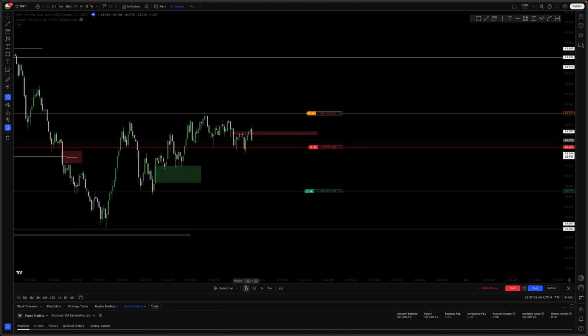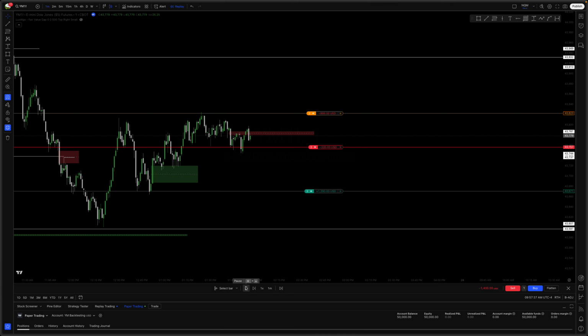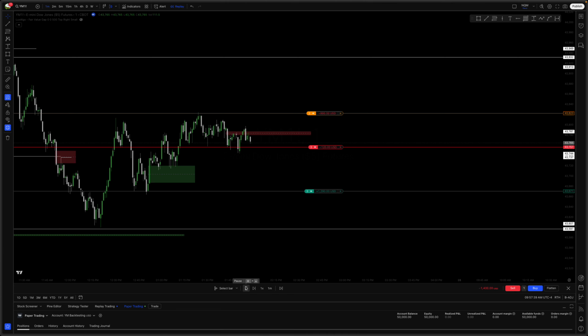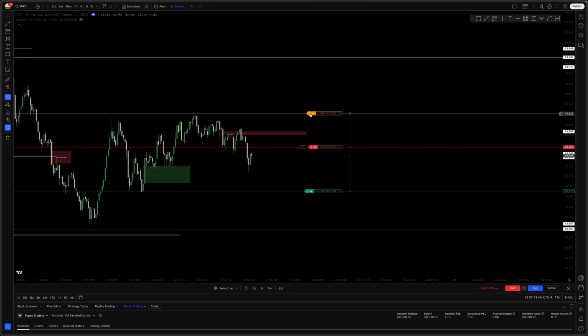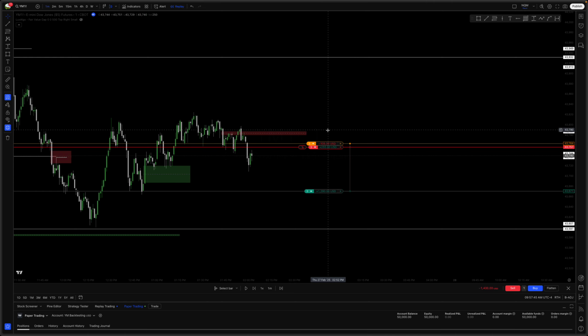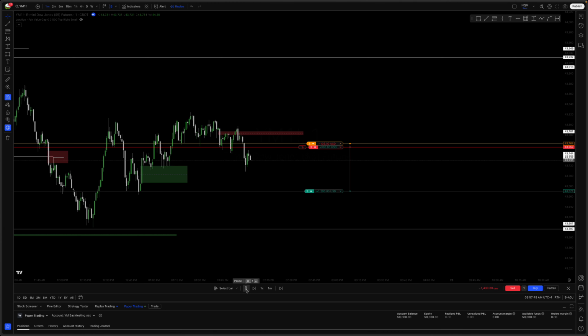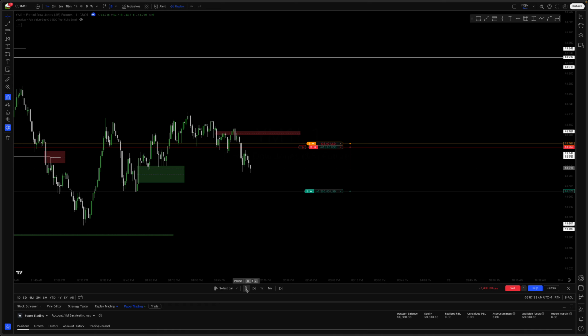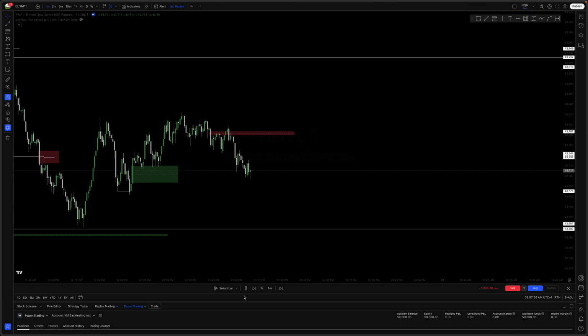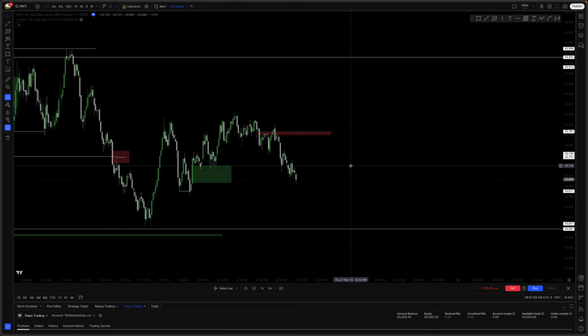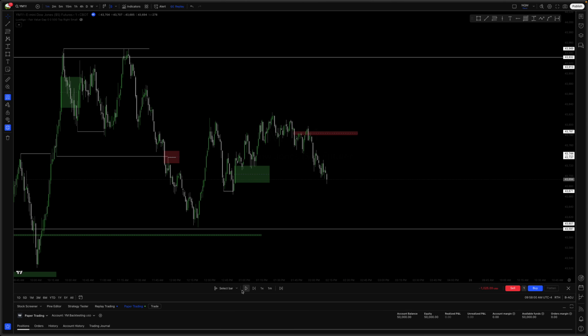Let's see what happens. Controlling the downside, probably get stopped out, but it is what it is. Stopped out on that one. I'm not too sure how much that was, but hey, we got stopped out, right?